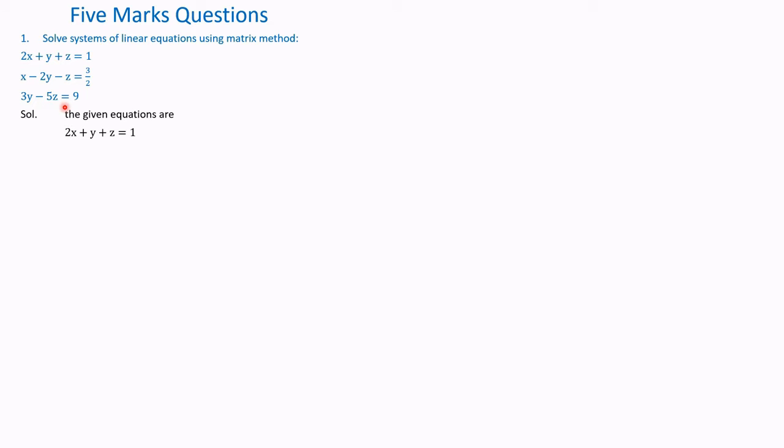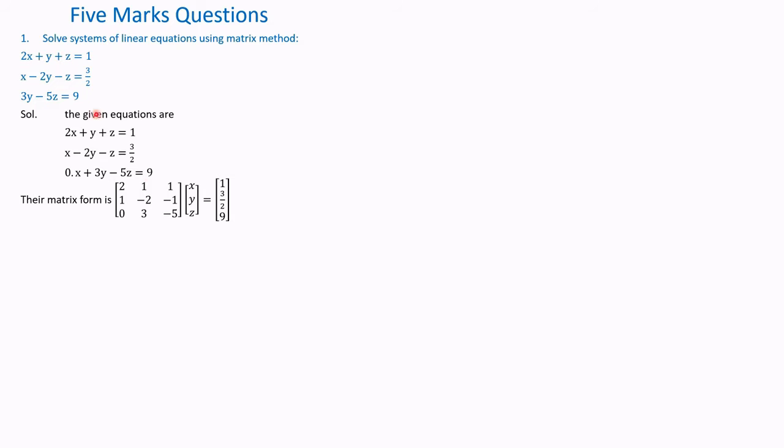In the solution, the given equations are rewritten in such a way that the third equation is 0 into x plus 3y minus 5z equals 9. Therefore, the matrix form is: first row 2, 1, 1, second row 1, minus 2, minus 1, and third row 0, 3, minus 5, into x, y, z.